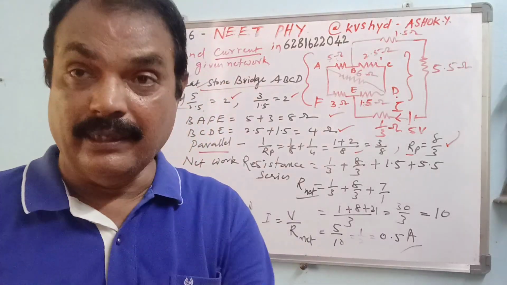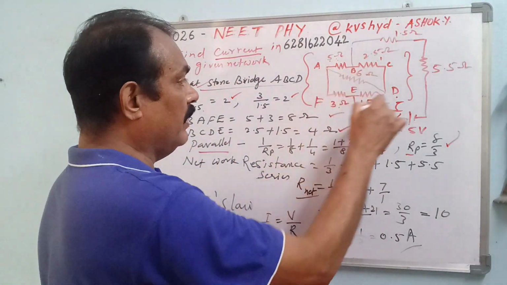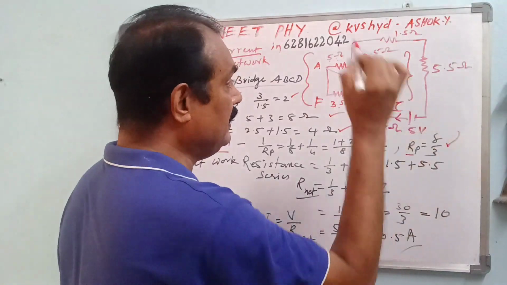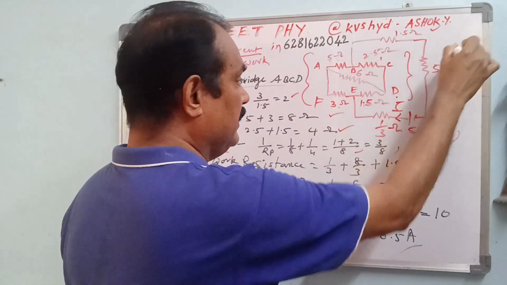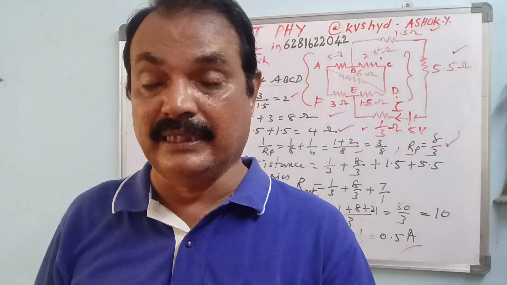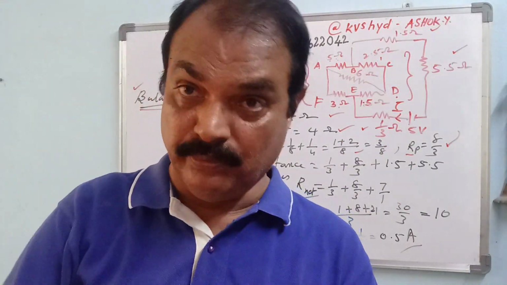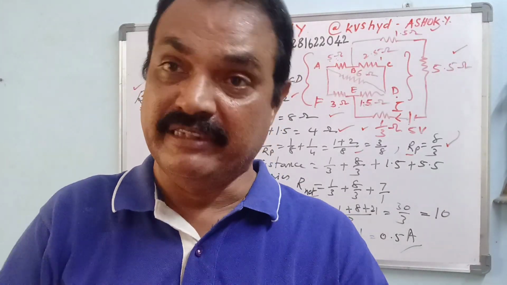Then what else is here? Now this has become one resistor, 8 by 3. Then it is connected in series to this, series to this, series to this. So in the total network you see series connection, parallel connection, Wheatstone bridge, so many things are added. It is not easy to solve this within 1 minute.